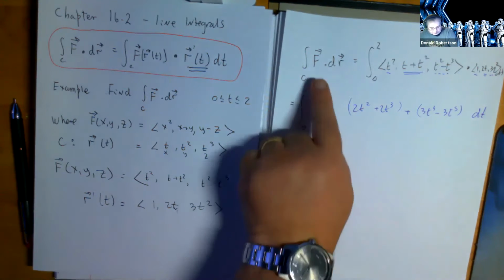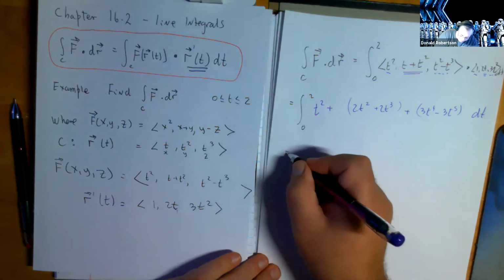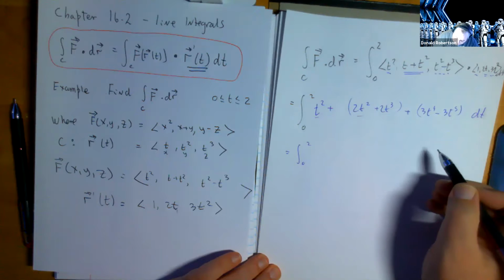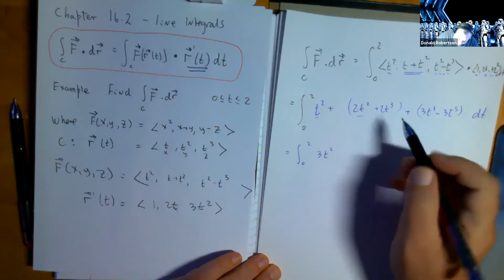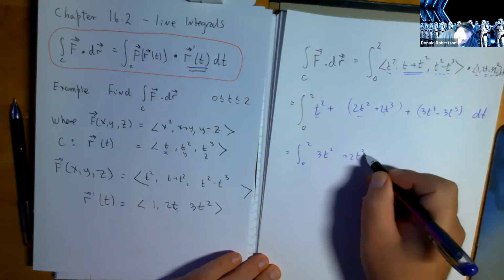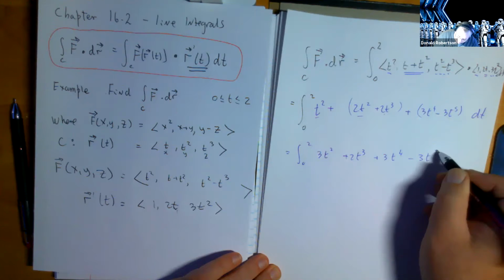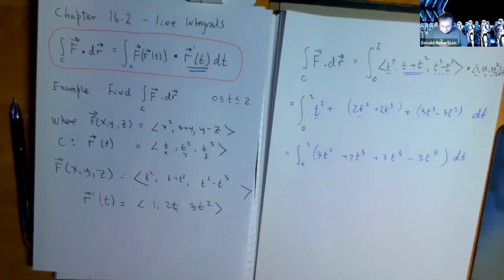So the original has now just turned into a single Calc 2 integral with respect to t. I've got this one, three of them, so that's 3t squared. I've got this one, t cubed. I've got this one, and finally I've got this one. So not much, but I tried my best.